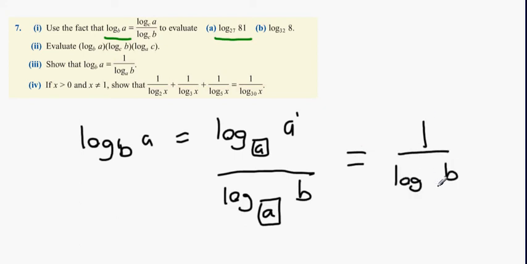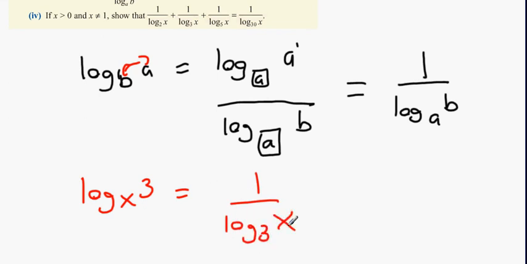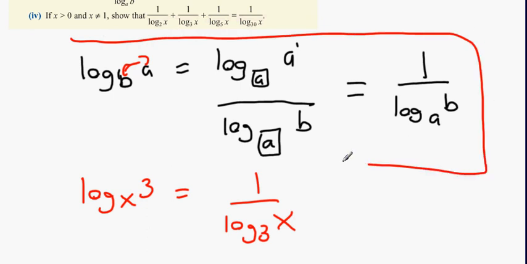And the answer is going to be 1 over log B to the base A. Do you see the way, in essence, the two of these switched positions? So basically, if I get something like log x to the base 3, I can do it like this, 1 over log 3 to the base x. That's the rule in part C. You're allowed to switch them around. And it comes from this here, that if I choose the same base, it will work out.